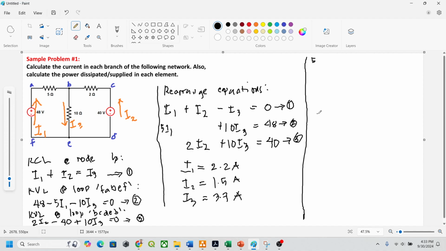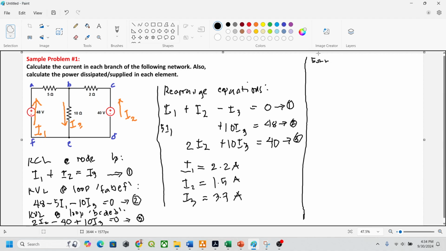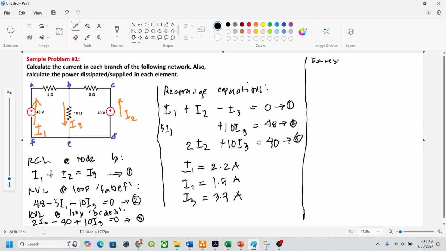Okay? So for the 5 ohm resistor, we'll call this one P5.